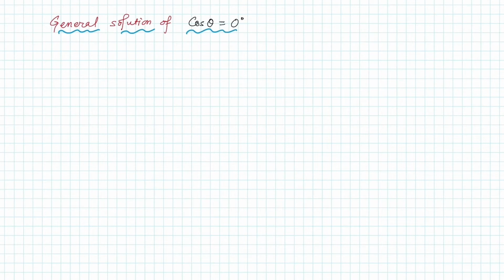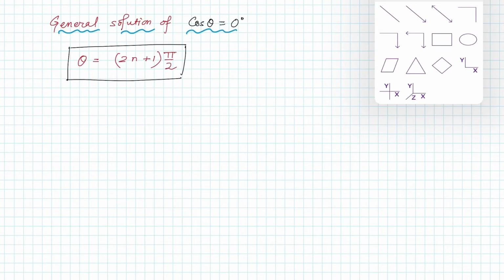How to find the general solution of cos theta is equal to 0? The general solution of cos theta is equal to 0 is theta is equal to (2n plus 1) into pi by 2. So this is the general solution of cos theta is equal to 0. Now let me explain how. So let us take the quadrant again.